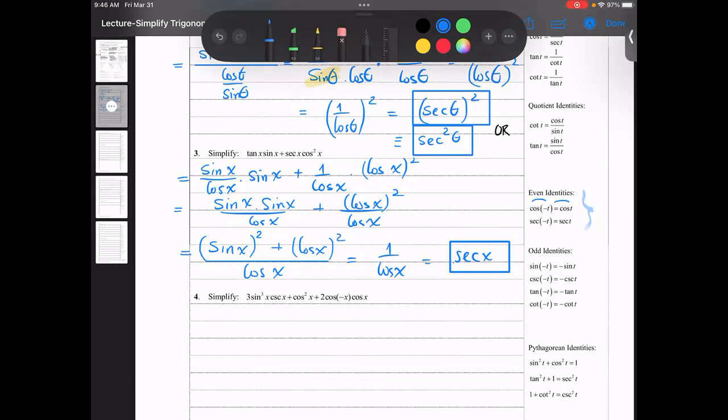Not yet, go ahead, one second. Very good, you're almost there. The last part, I would recommend you catch up. Yes, no, the negative only applies to the sine, not the cosine. Oh, the negative is gone because cosine of negative x is cosine x.